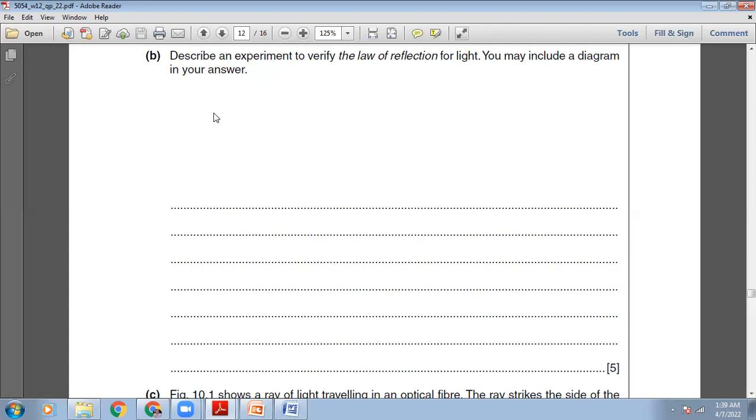Then I will mark the position of pin 3 and pin 4, and then I will remove everything. I will join the pin 3 and pin 4 positions with M with a straight line.